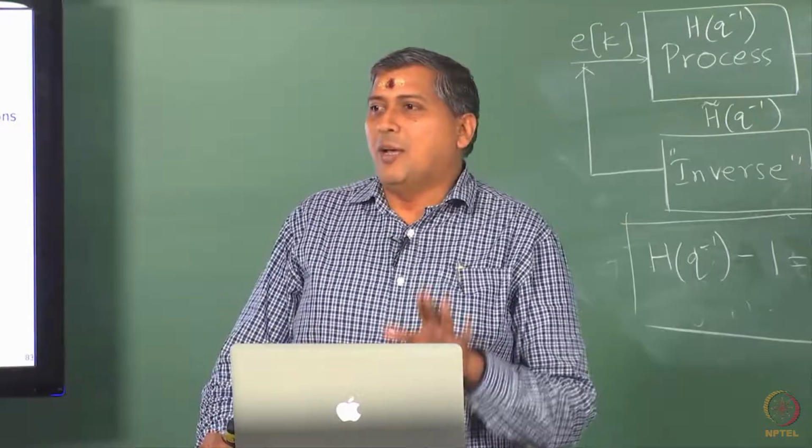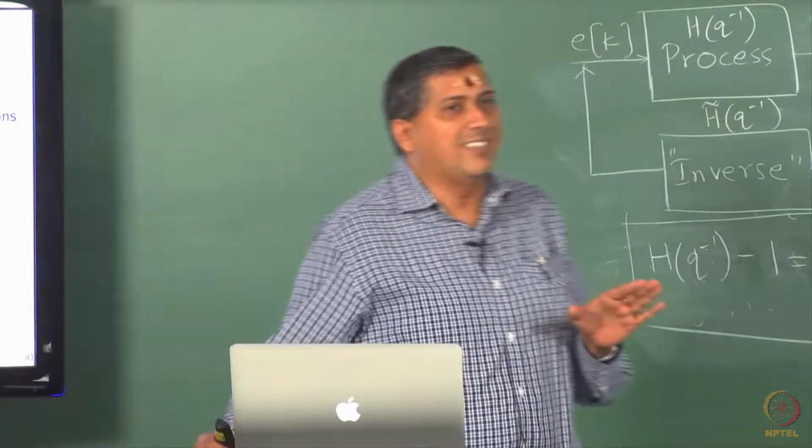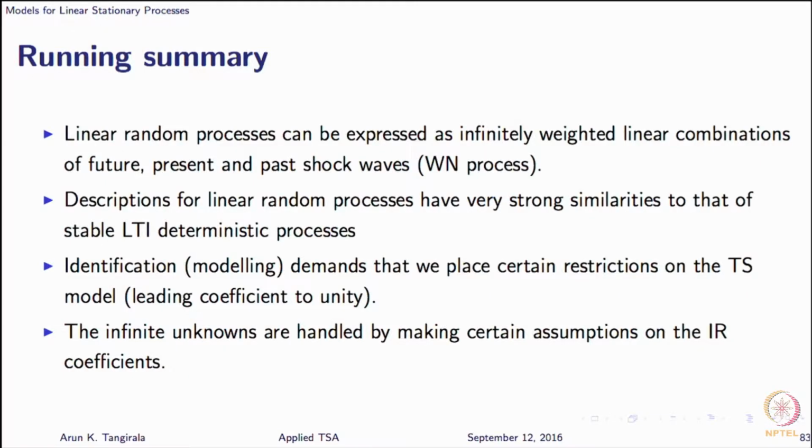So, to summarize, linear random processes can be expressed as a linear combination of the past, present and future shock waves, which are nothing but your white noises. In some schools of thought, it is an IID process, and the descriptions for these linear random processes have very strong similarities with that of the LTI deterministic processes.